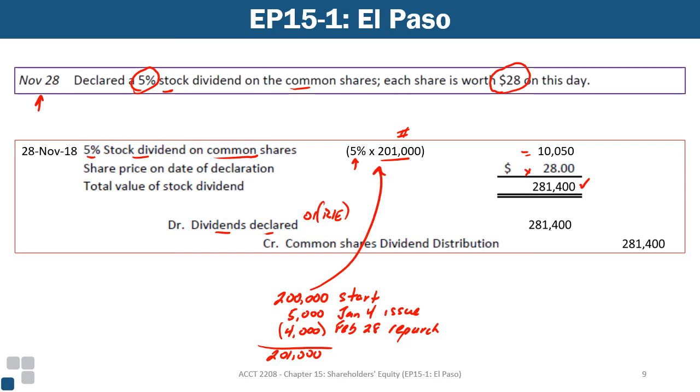So debit that for $281,400 and credit common share dividend distributable. That's probably the best word, distributable, because it hasn't been distributed yet, for $281,400.